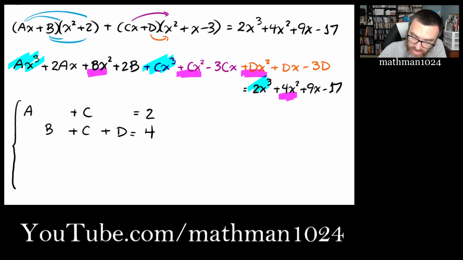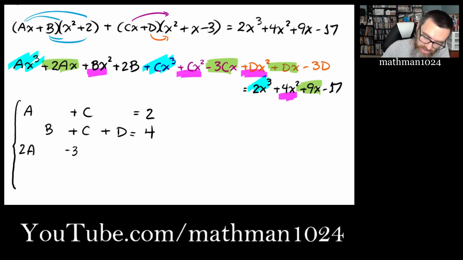Now we move on to our x's. So 2ax, minus 3cx plus dx, and that's going to give me 9. So that's going to be 2a, no, b, minus 3c plus d equals positive 9.